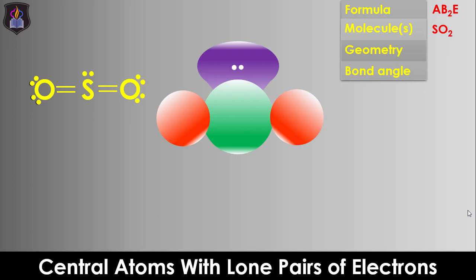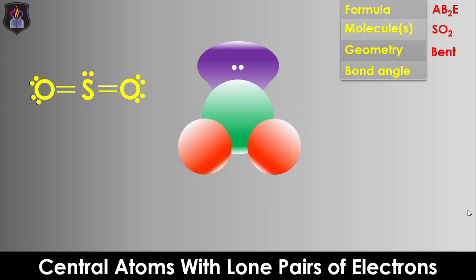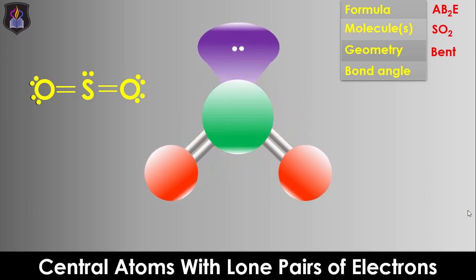But because one of the electron pairs is a lone pair, the SO2 molecule has a bent shape. Since the lone pair versus bonding pair repulsion is greater than the bonding pair versus bonding pair repulsion, the 2 sulfur-oxygen bonds are pushed together slightly and the oxygen-sulfur-oxygen angle is less than 120 degrees.